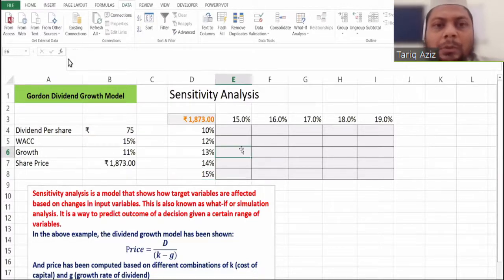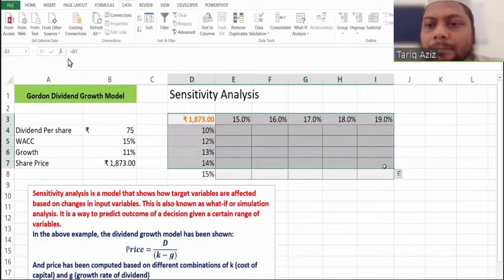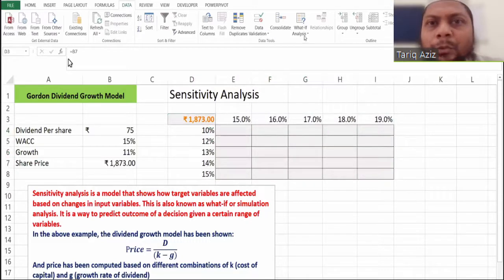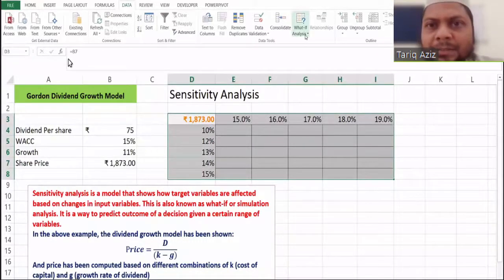So let us calculate this. Before calculating different outcomes, first we have to select this table. After selecting this table, go to the data tab. Under the data tab, you will find What-If Analysis.